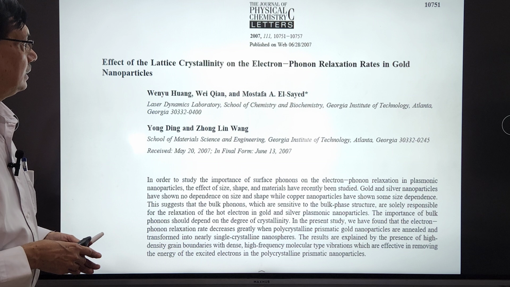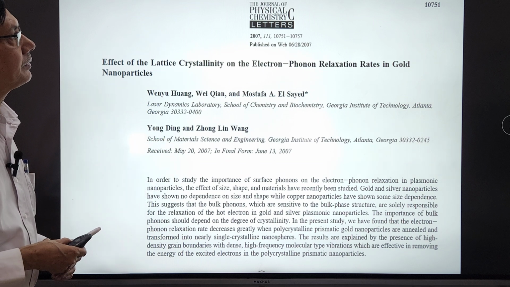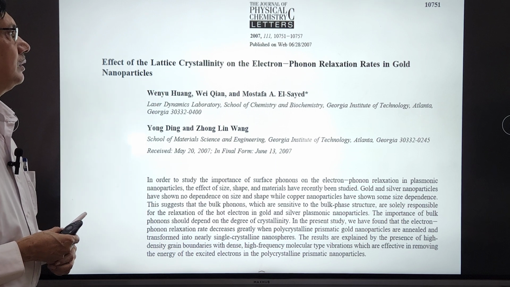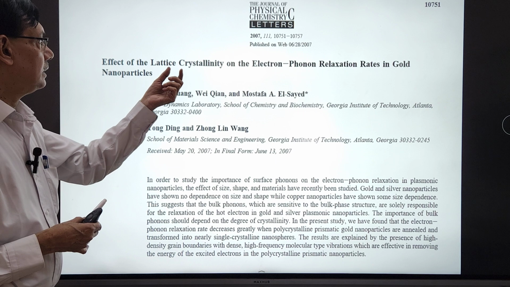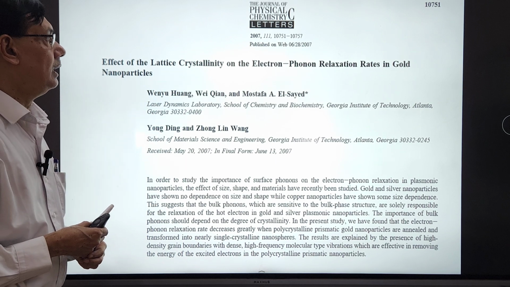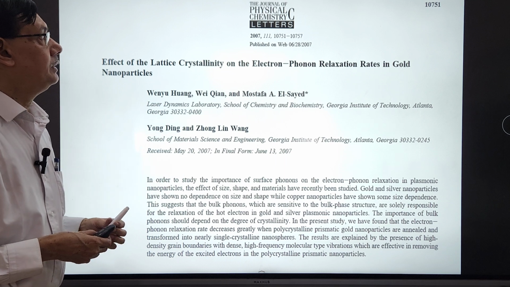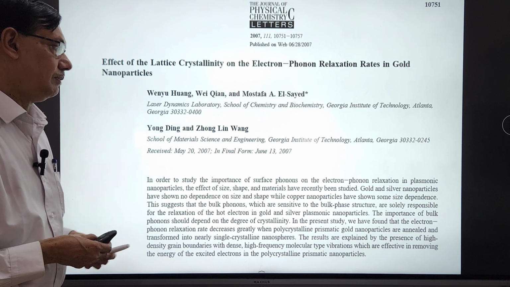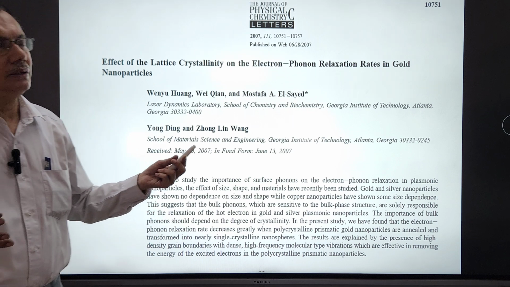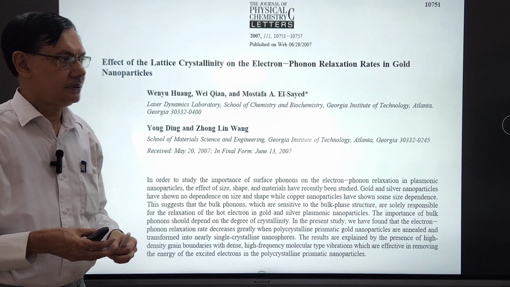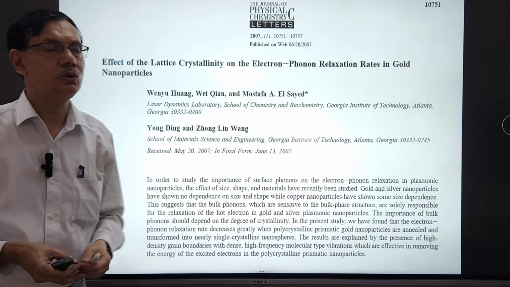And the last paper I have referred to is also a very old paper, but a very important paper, that is the effect of lattice crystallinity on the electron phonon relaxation rates in gold nanoparticles, and it is published in Journal of Physical Chemistry C Letters 2007. So what I mean to say is that there are a large number of research papers available in our library also.